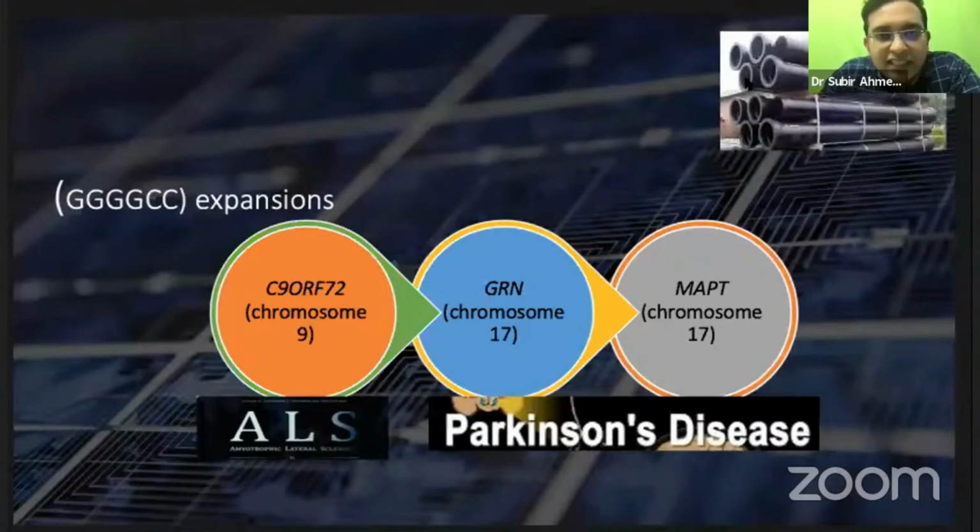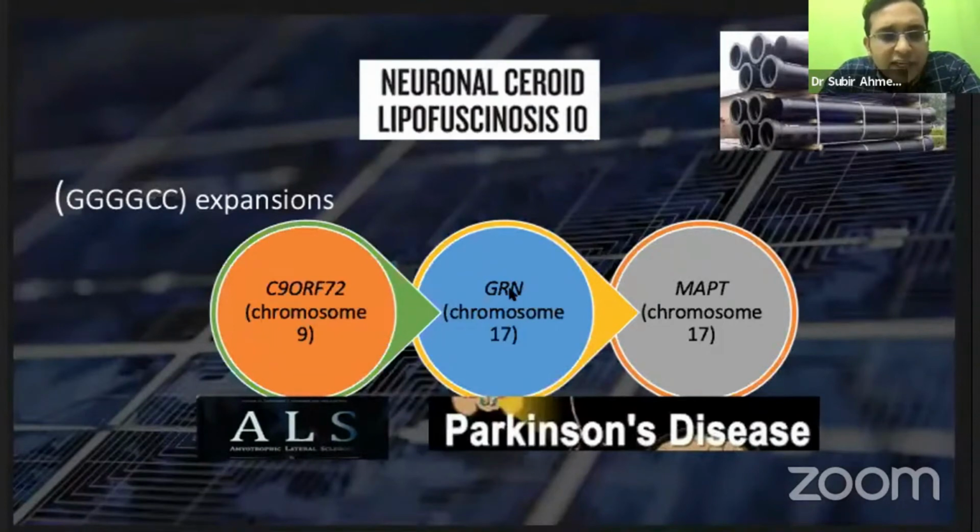And last time we had seen these kind of pipes carry within the neurons the anterograde and retrograde transmission, and this is connected with MAPT mutation. And this progranulin, if there is a homozygous mutation, is associated with one disease that is called neuronal ceroid lipofuscinosis. This is also there in Harrison. This could be asked.